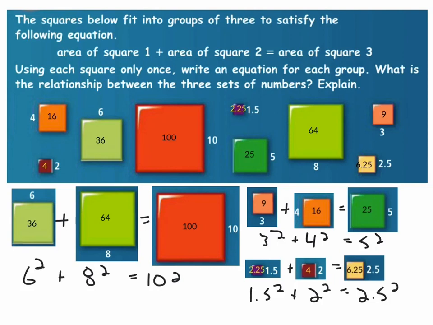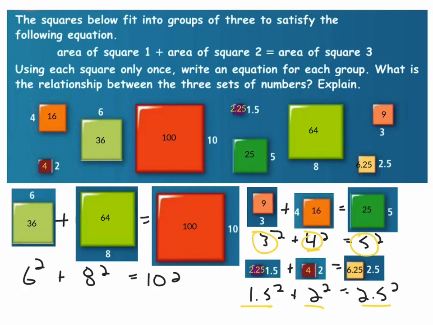Check it out. If you took 3 and took half of that, you'd get 1.5. If you took 4 and took half of that, you'd get 2. If you took 5 and took half of that, you'd get 2.5.